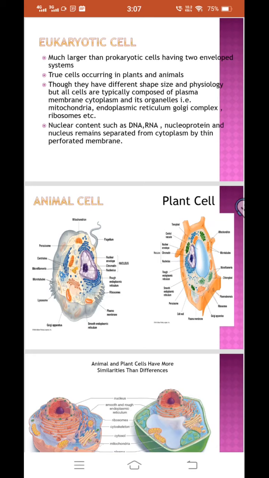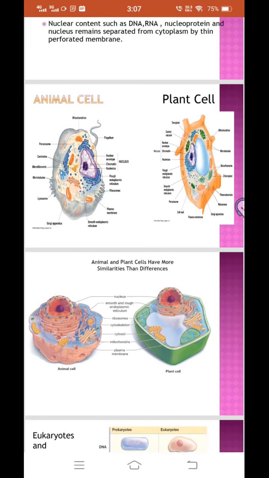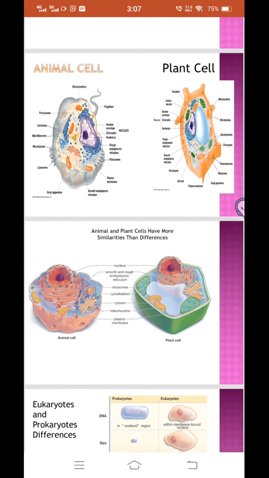Now these eukaryotic cells, as I have just said, are present in plants as well as in the animals. Now this is the diagram structure of the plant cell and the animal cell for the eukaryotic cell. So here in the diagram it is clearly shown that the central part is the nucleus and the outer part is the cytoplasm, which contains the different organelles such as microtubules, centrioles, flagella, endoplasmic reticulum, ribosomes, etc. And the outermost part of the eukaryotic cell is the plasma membrane.